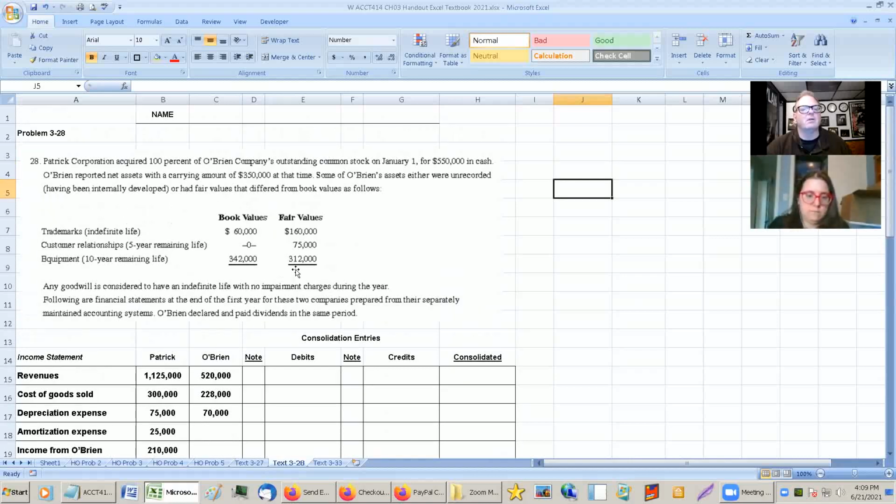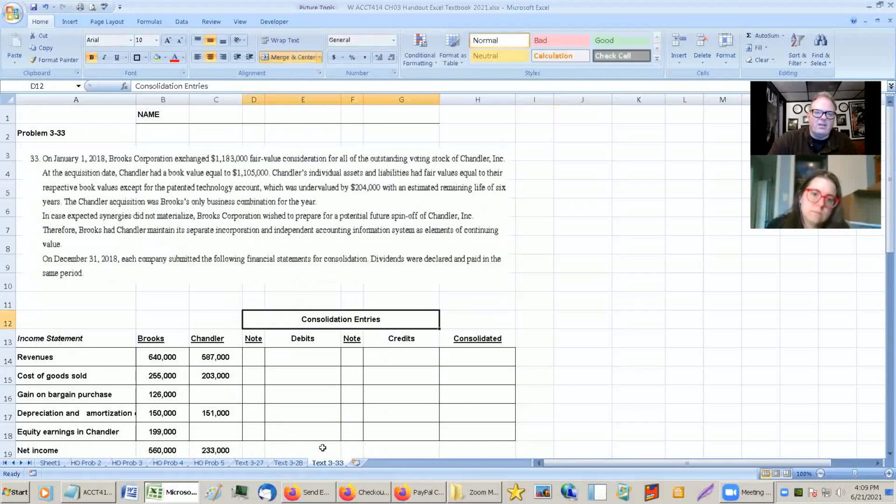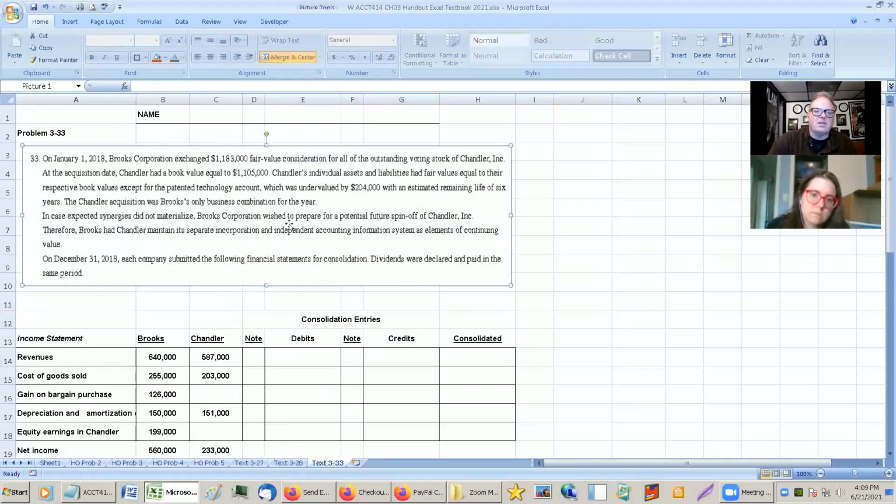I don't remember why this one. Oh, this one's kooky because the fair value of the equipment is actually less than the book value. And this one is kooky because it has a bargain purchase, which is a gain.